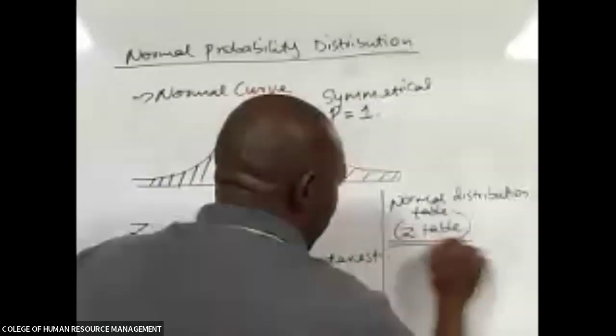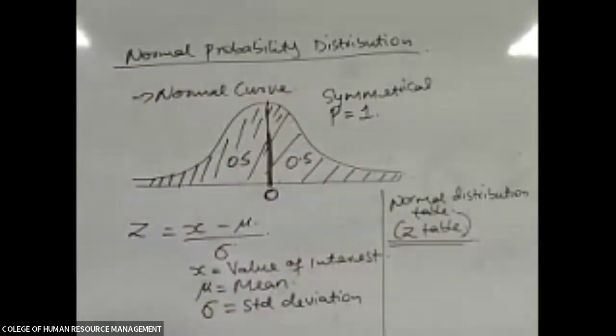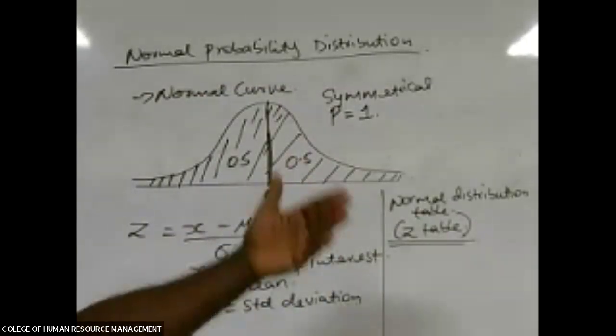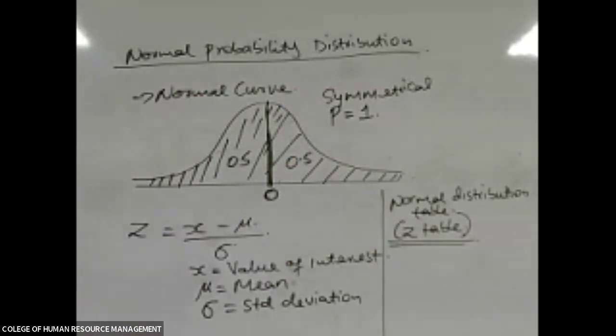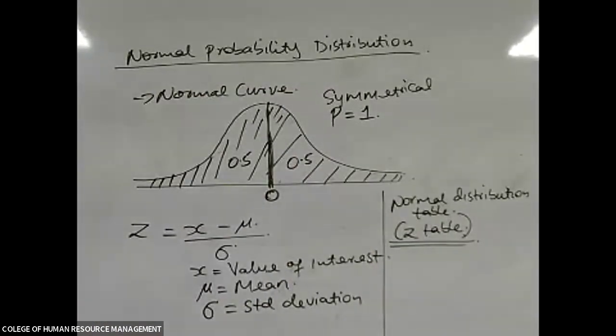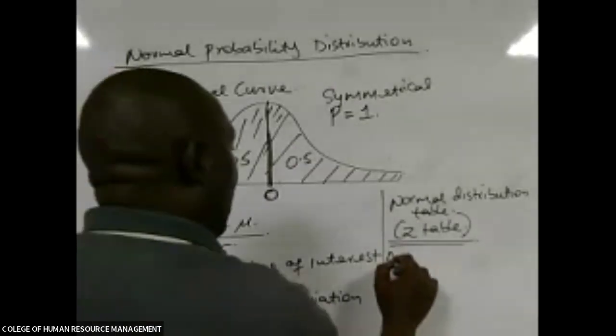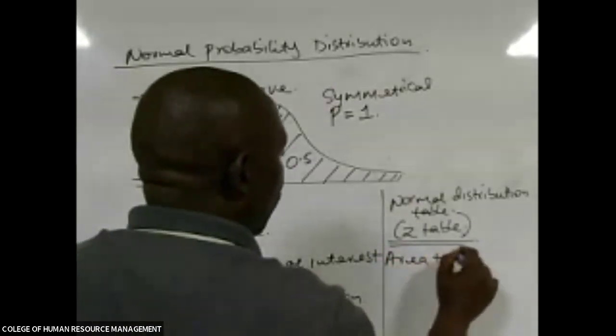This is the table that will give us the probability. With this Z score, we put in the table, it will give us the probability. And this Z score is going to give you the area to the left.